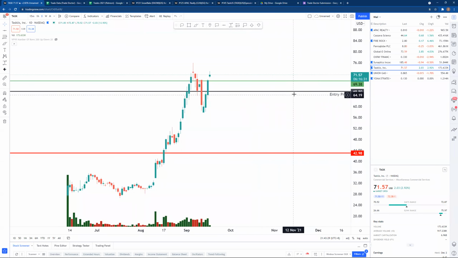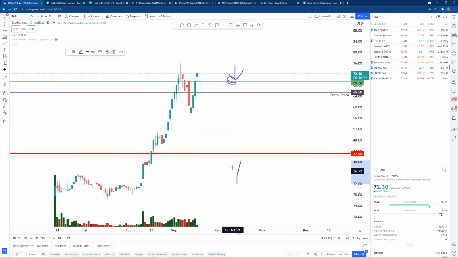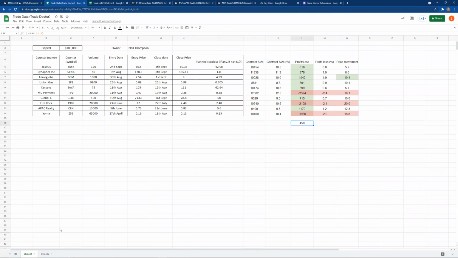So you will see the entry line. If it has a green line at the top, meaning this trader took profit there, made a profit there. And the red line you see at the bottom is his planned stop loss. Okay, that is his planned stop loss.